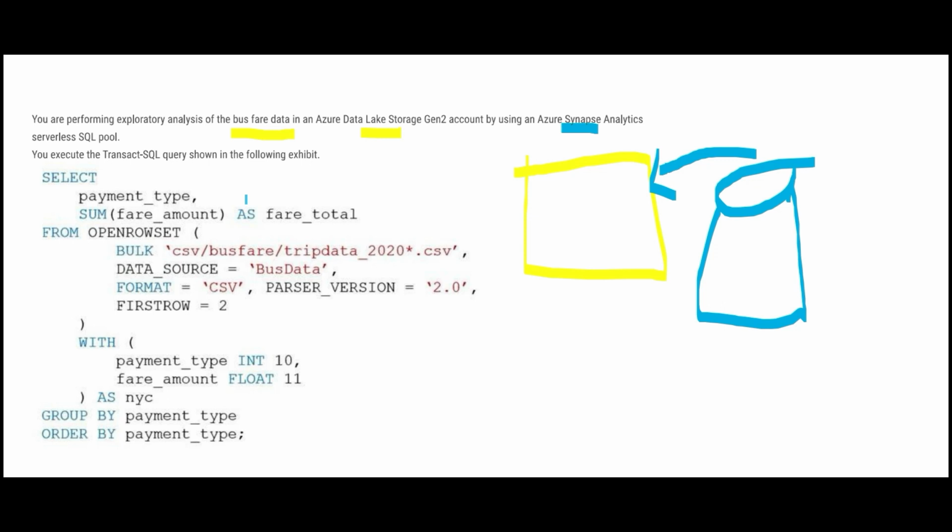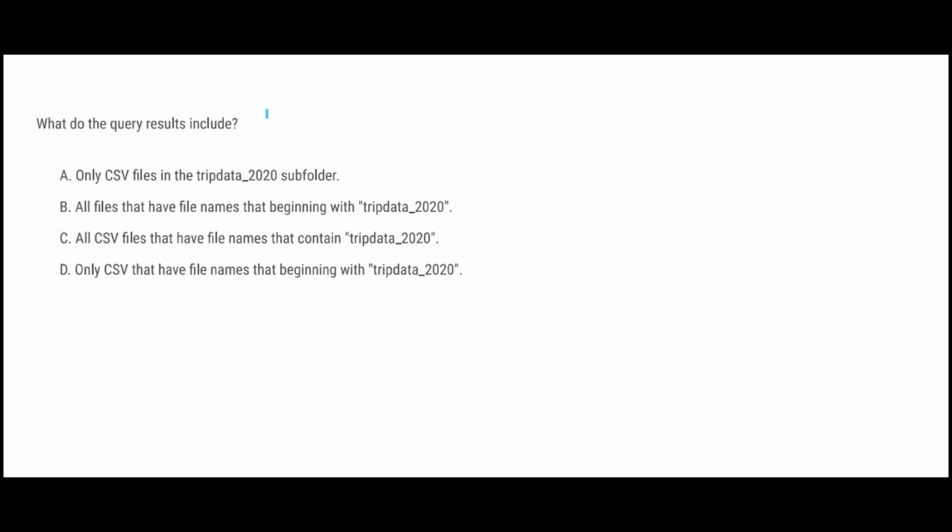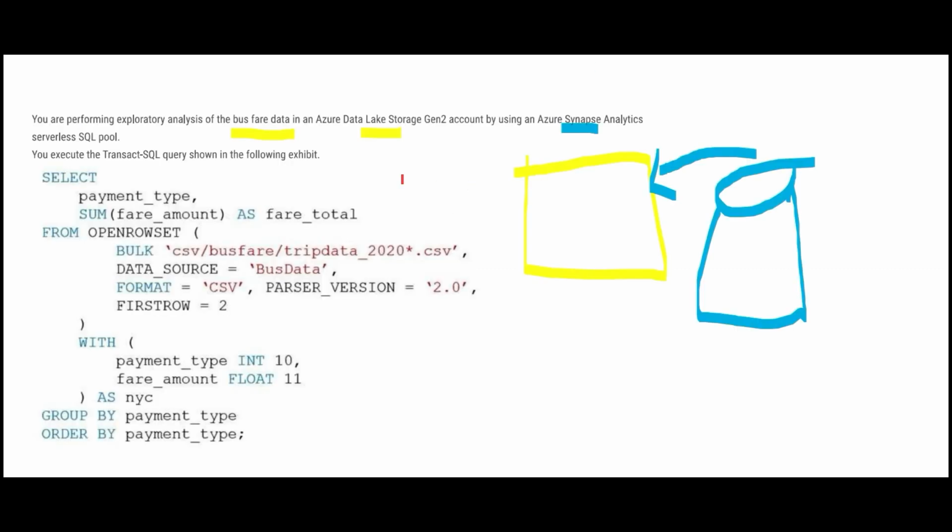So first let us try to understand what the question is asking. It is asking what the query results include. In the result, what will you get? Will you get only CSV files in the trip data underscore 20 subfolder? This trip data underscore 20 is not a subfolder. Why? Because it has a file extension, the dot.